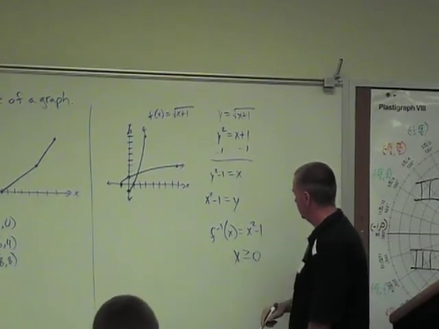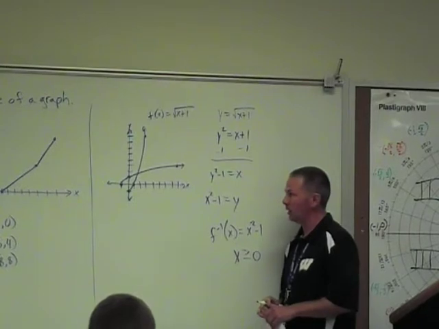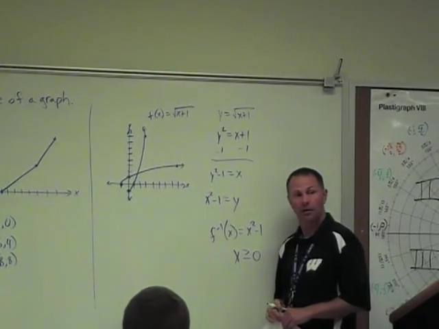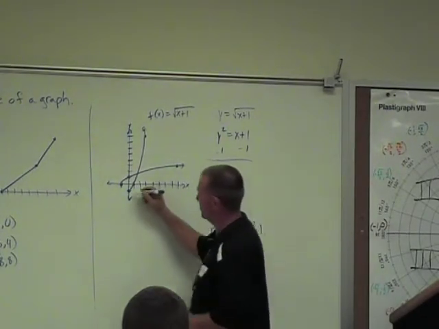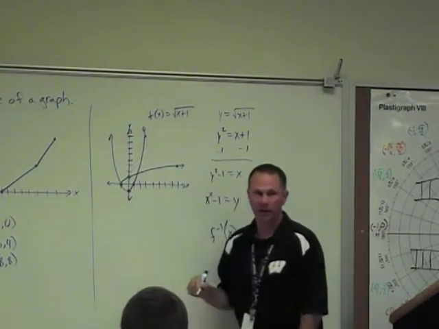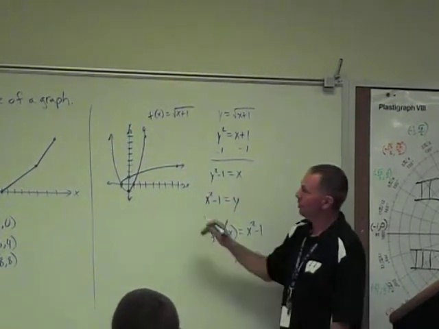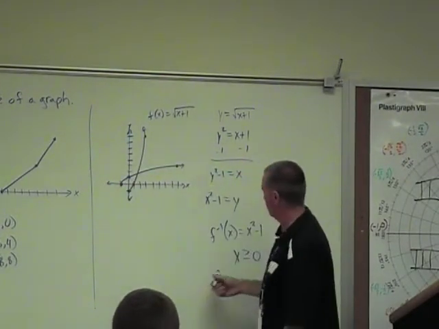What would the points be for the inverse of my graph? This is a parabola. If I were to draw this, it would look like this. But that would not be 1 to 1. So I only wanted this part, so I have to put this little limitation on here.